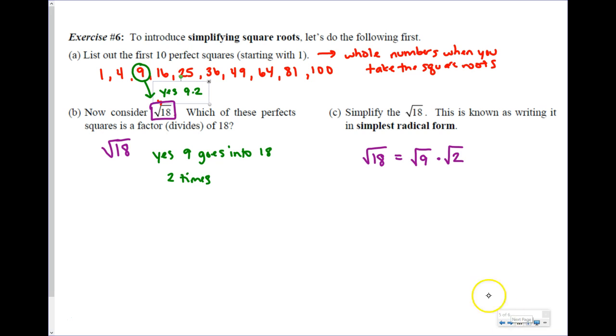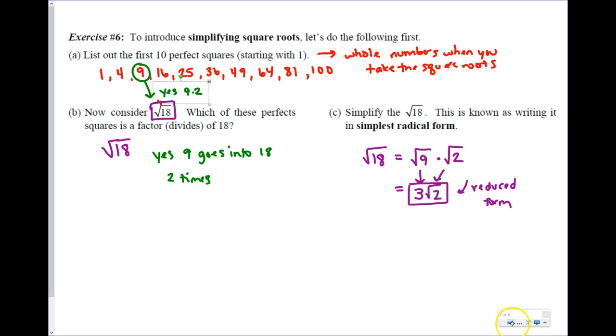Now I'm starting off with a whole number and separating them. The square root of 9 converts into a whole number 3, and the square root of 2 I just put right next to it, and that is my reduced form. This is called reducing a radical. Really important skill here, and we're going to practice it in exercise 7.